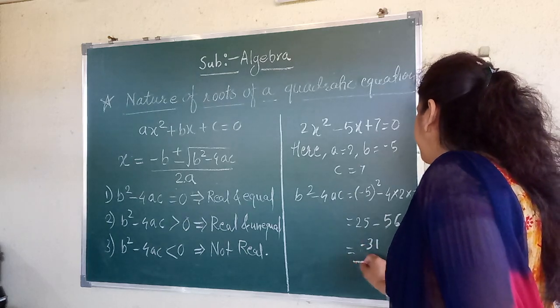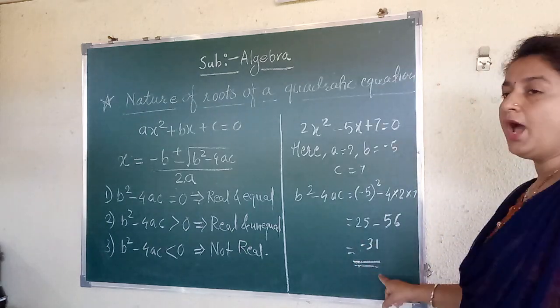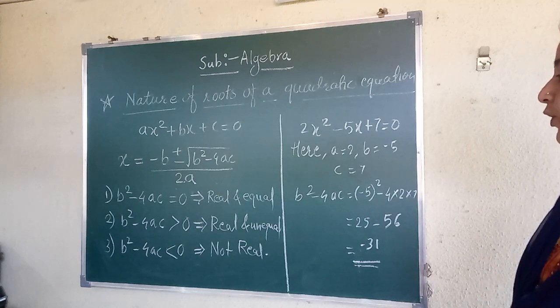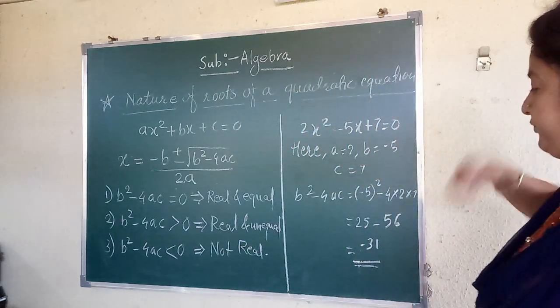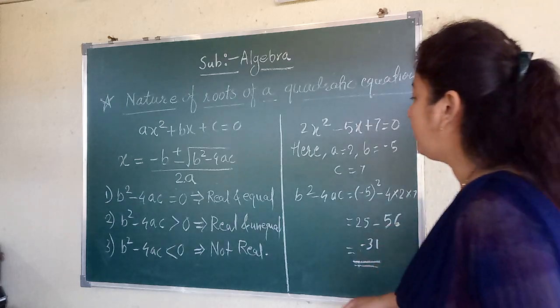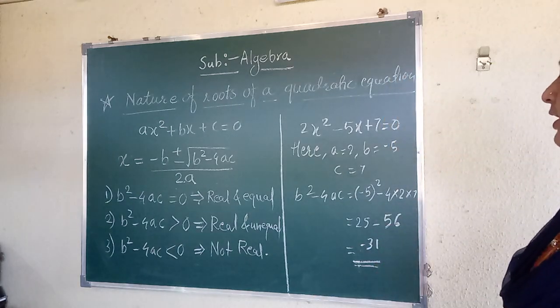The answer is negative 31. Therefore, b square minus 4ac is less than 0, a negative answer.